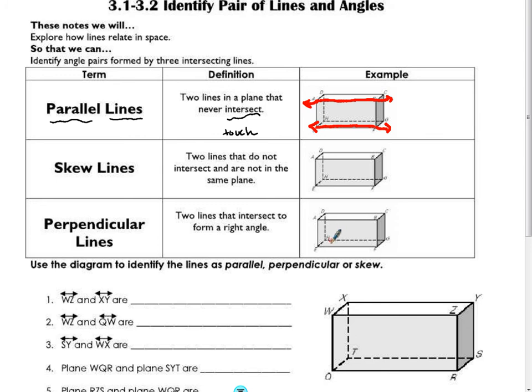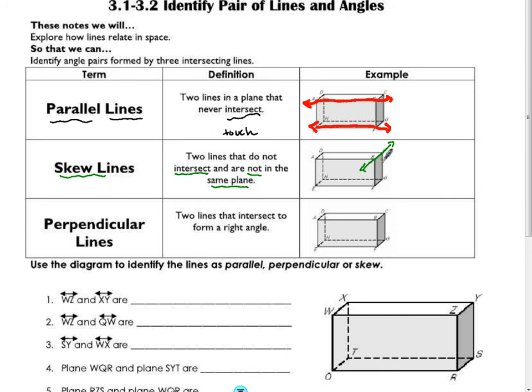Okay? Now, skew lines are a little bit different. Skew lines are lines that do not intersect, a lot like parallel lines. They do not intersect and are not on the same plane, meaning they're not on the same surface of my example here. So, for example, we could look at segment BC, and segment BC would be skew with a line that's not on the surfaces that BC includes.